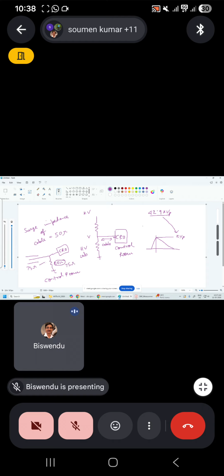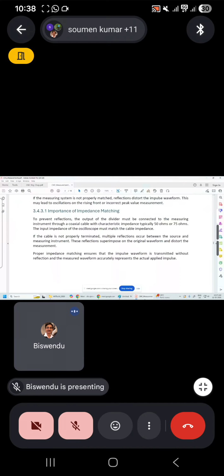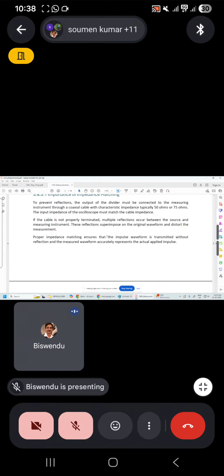Otherwise, the wave will go up to here and reflect, and the CRO will read the wrong voltage, much more voltage or much less voltage. It will not read the true voltage. So this termination is very important. Impedance matching is very important here.